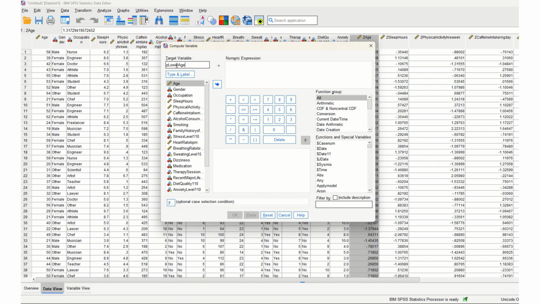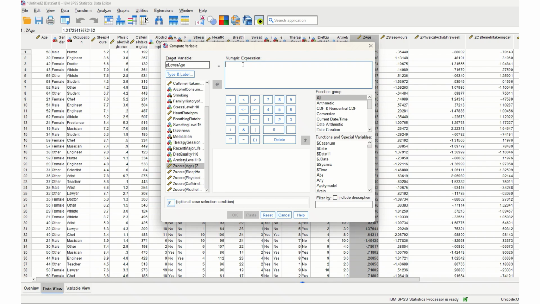Because we're getting the probability of finding a value that is lower than the one we have for a particular z-score in the column age. All right? And so since I'm working with the z-score, I'm going to go ahead and get the z-score age. And that's what I'm going to use.